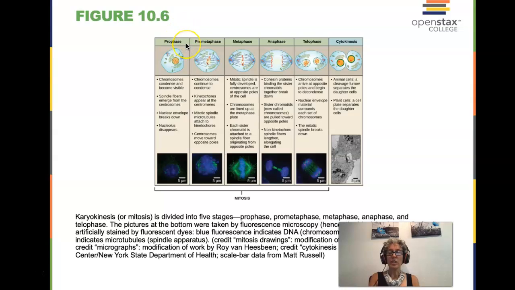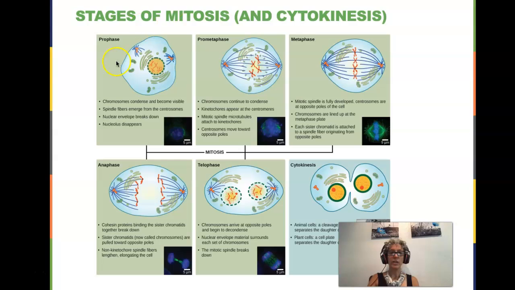But essentially, and I'm going to show some larger images and go into the details, we have to condense those chromosomes, and they have to be organized. They will get pushed to the middle. They will get pulled apart. The nuclear membrane will form around each cluster of the chromosomes, and then the cytoplasm will split. Now let's go into each of those stages separately. There is a slightly bigger picture of all of those.